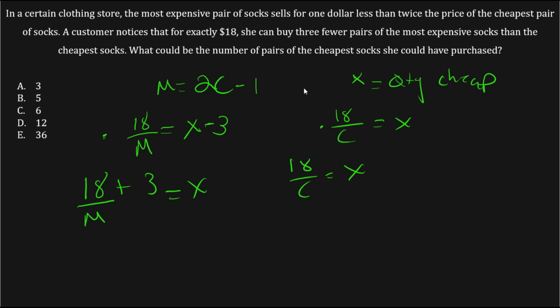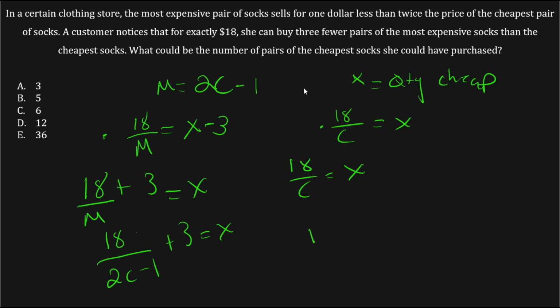And then we're substituting these numbers for x, but we still have a variable, so that's not going to work because we could just plug in any number really. So we have to substitute in, so m is the same as 2c minus 1, so that's what we'll write here. 18 over 2c minus 1 plus 3 is equal to x.